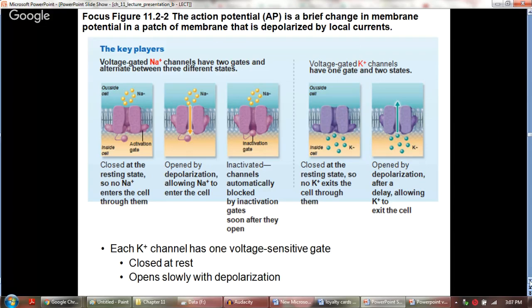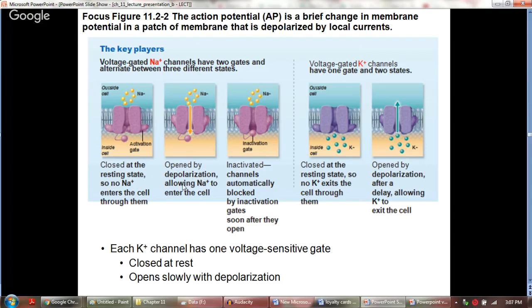So here it shows the ionic change related to the depolarization process of the voltage gated sodium channels, as well as the potassium channels. At this stage, the sodium channels are closed at the resting state, so no sodium enters the cell through them.